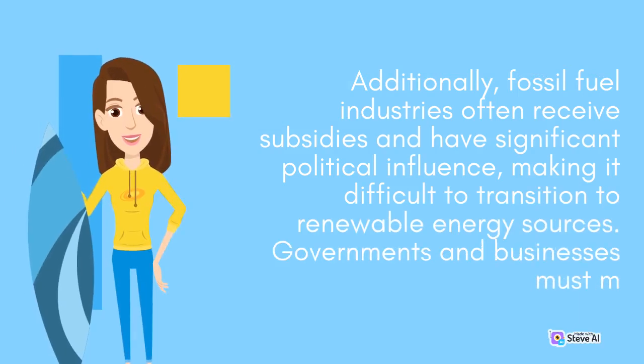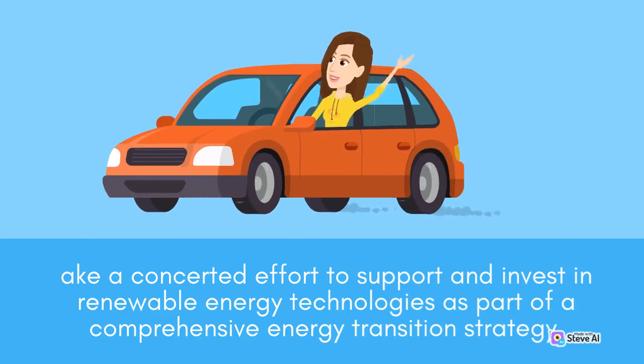Additionally, fossil fuel industries often receive subsidies and have significant political influence, making it difficult to transition to renewable energy sources. Governments and businesses must make a concerted effort to support and invest in renewable energy technologies as part of a comprehensive energy transition strategy.